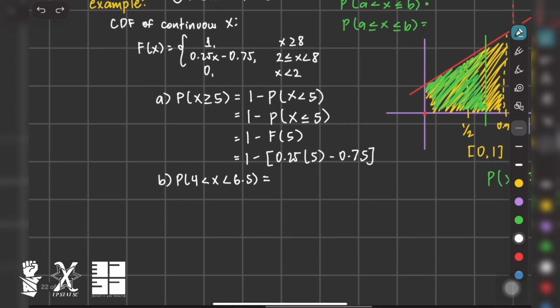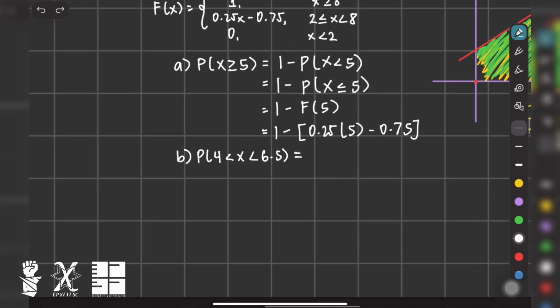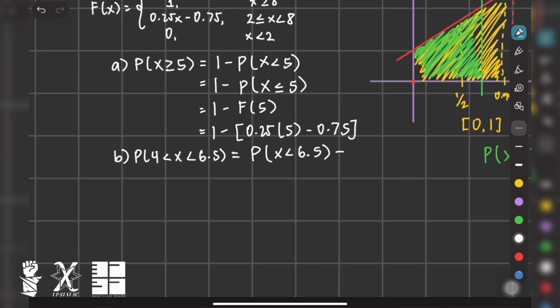Okay, so here on the other hand, for letter B, we can still use the concept of the cumulative distribution function to break it down. So what we still have here is the probability of your x being less than 6.5 minus the probability that your x is less than or equal to 4.